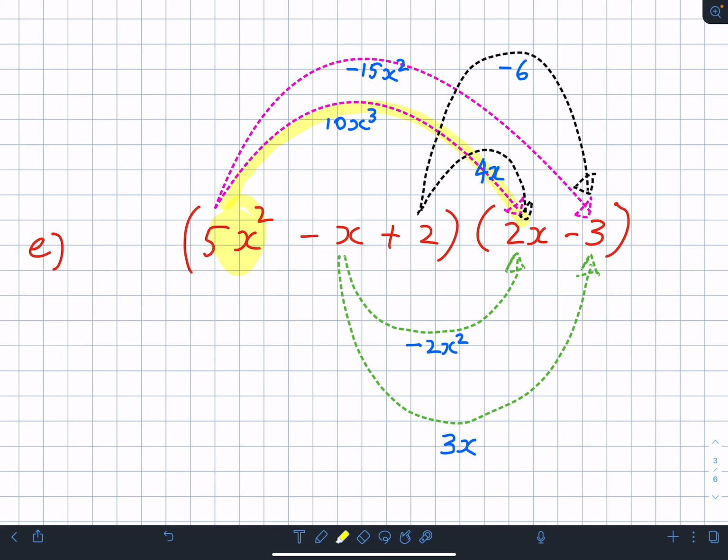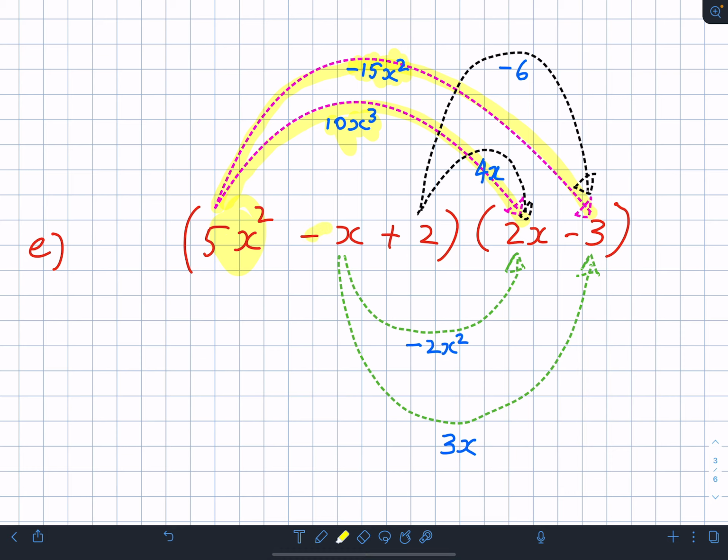That'll give us 5 times 2 is 10. And x to the power of 2 times x is x to the power of 3. So that's 10x cubed. And then secondly, we have 5x squared multiplied by negative 3. So the 5 times negative 3 will be negative 15. So that's negative 15x squared.